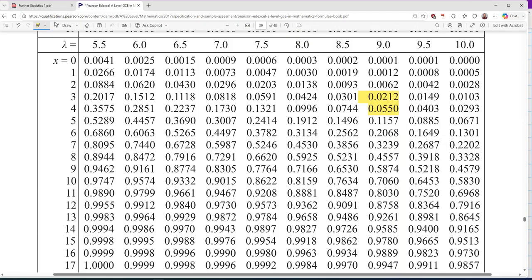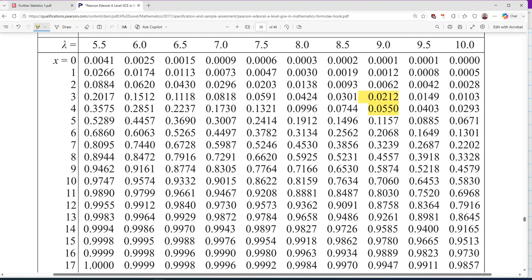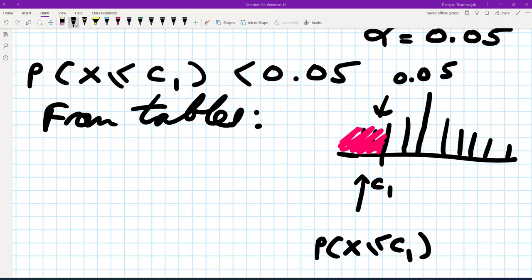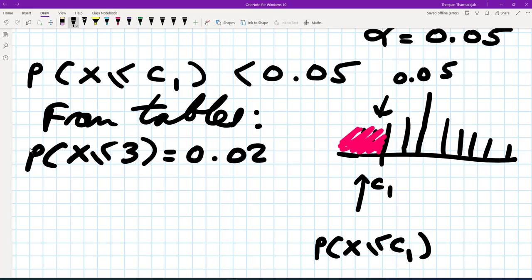Let's write them down in our notepad. So from tables, the probability that x is less than or equal to 3 is 0.0212. It's just good practice to always write the one that's greater than it, so you're convincing the examiner the value chosen is true.